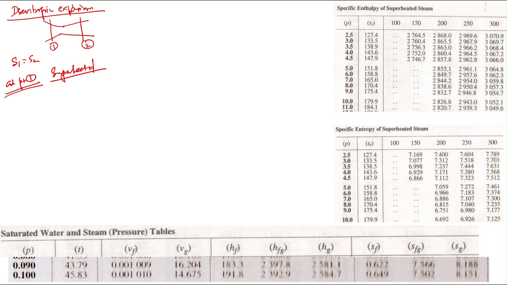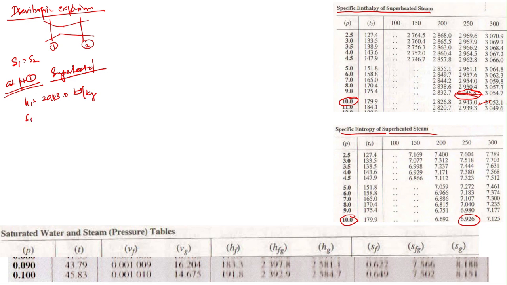In the superheated table, at 10 bar and 250 degrees Celsius, this is the specific enthalpy and the specific entropy of superheated steam. So H1 is equal to 2943.0 kilojoule per kilogram.